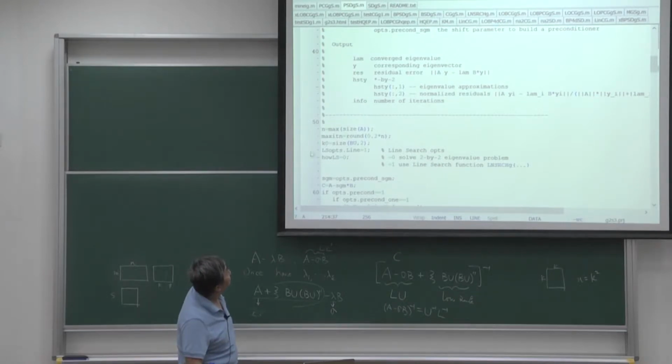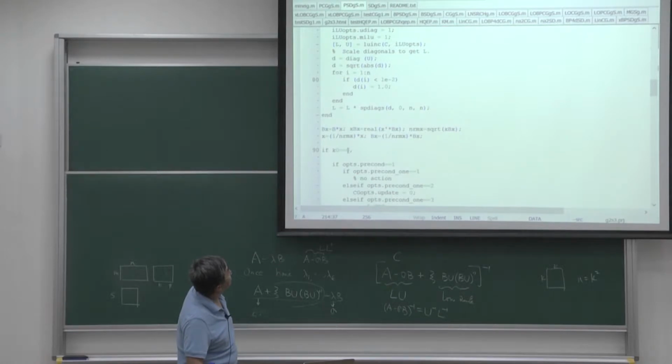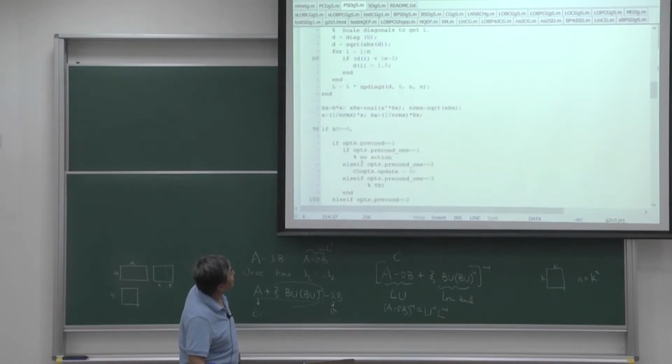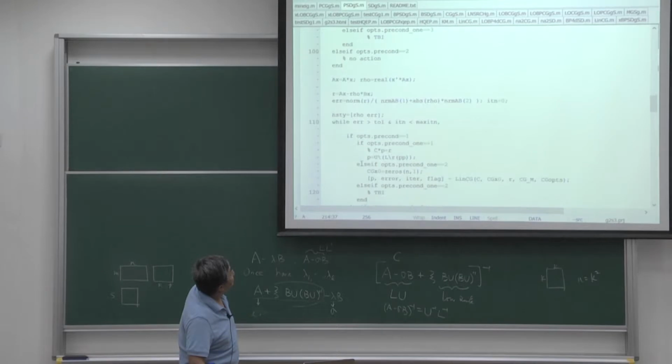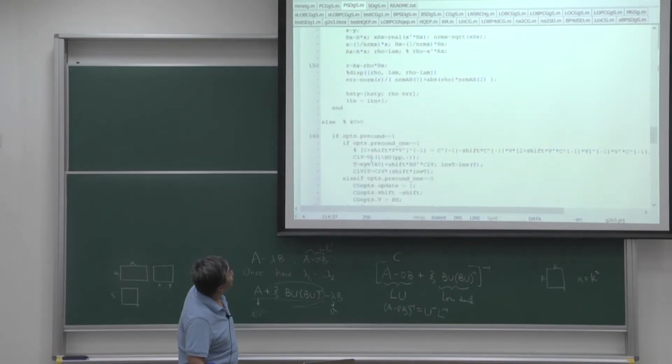If you look at K0 equals 0 here, there's not much special there. But when K0 is bigger than 0, you do see a Sherman-Morrison formula right here, with a V and BU.